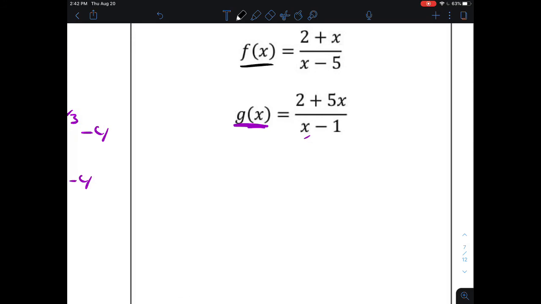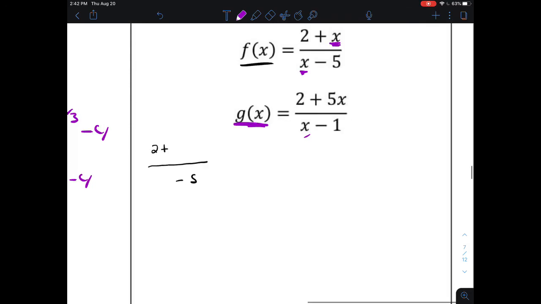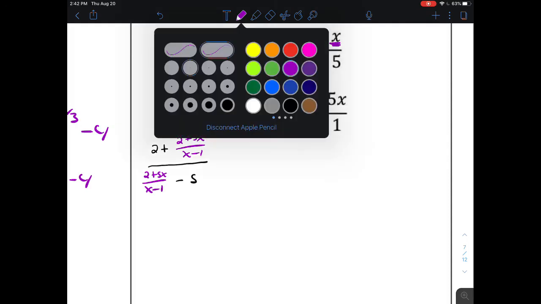So f is 2 plus x over x minus 5. And so in purple, it's going to be g. So g's going everywhere there was an x inside of f. So 2 plus 5x over x minus 1, and 2 plus 5x over x minus 1. And then we'll go from there.